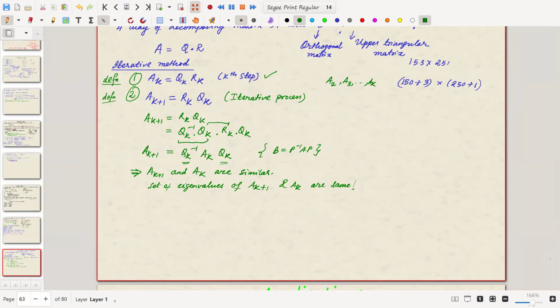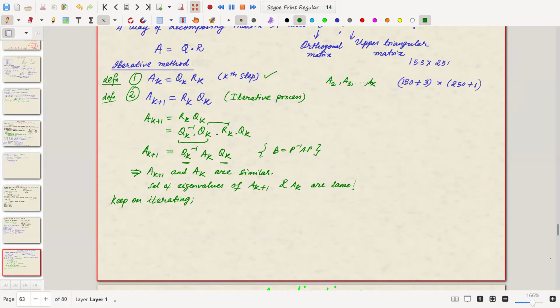Now, as you keep on iterating, that's the job of iterative methods, you keep on iterating, find A_{k+1}, A_{k+2}, A_{k+3}, and so on. Do the iterative process.